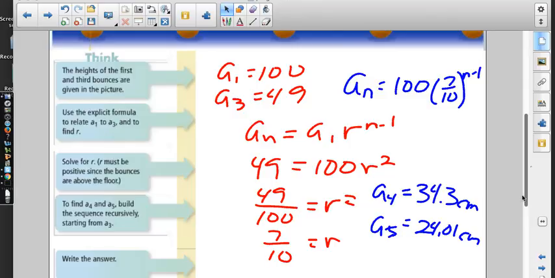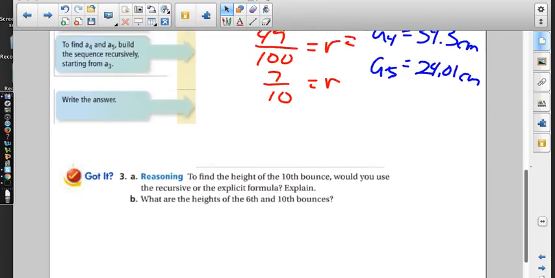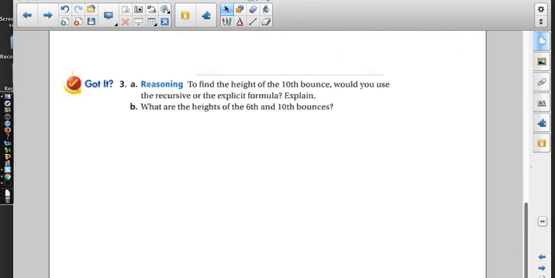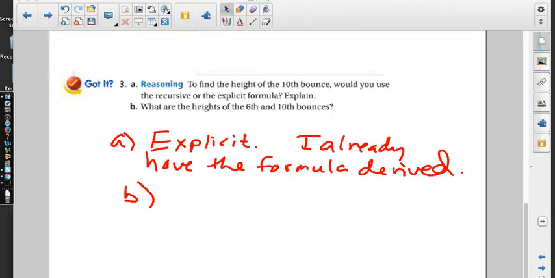And then in the got it, there's some for you. To find the height of the 10th bounce, would you use the recursive or the explicit formula? So talk to your partner, would you do it recursively or would you go ahead and do this with the explicit formula? And then for B, you have to find some more. I got 4.03533607.